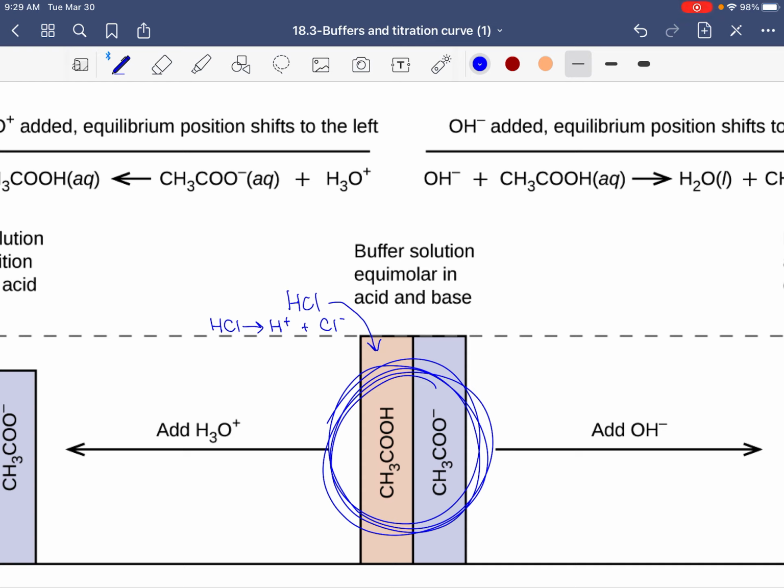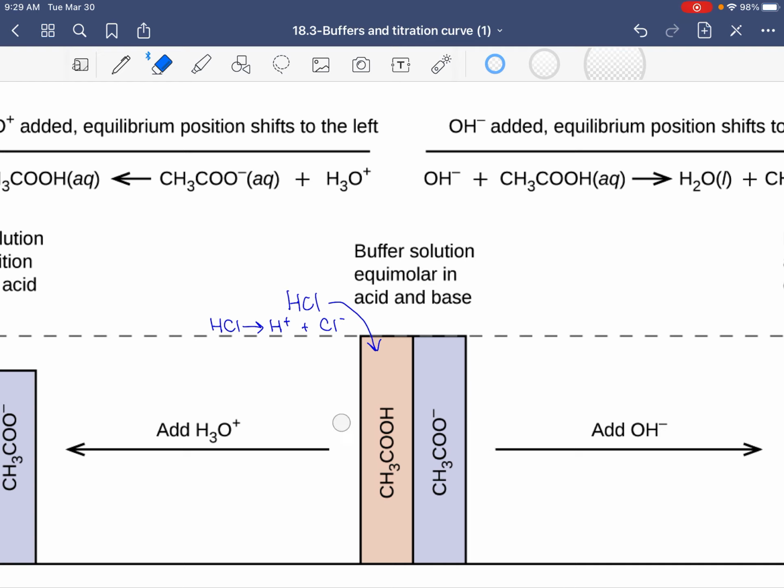Okay, this guy right here, let me just get rid of this circle. Okay, you have to look at this as a whole, not separate, as it really shouldn't have a separation.